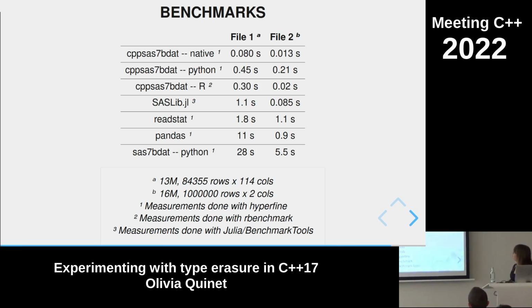The second line was the Python wrapper, then the R wrapper. Then there is the Julia implementation. Readstat is the C implementation. Then there is the SAS reader from Pandas, and the Python library that can read SAS. And so yes, I'm quite happy with the result, I have to say. Even for the wrappers, they're quite good in comparison to the other libraries.